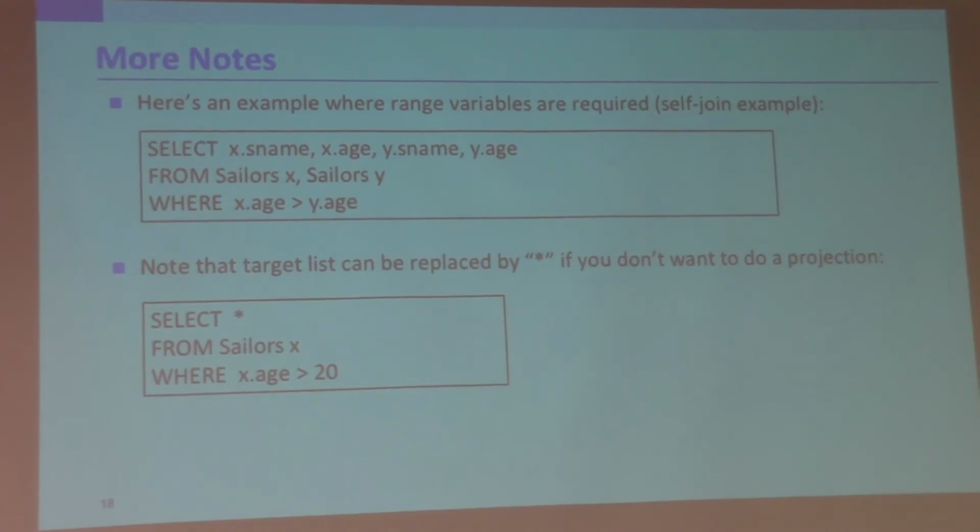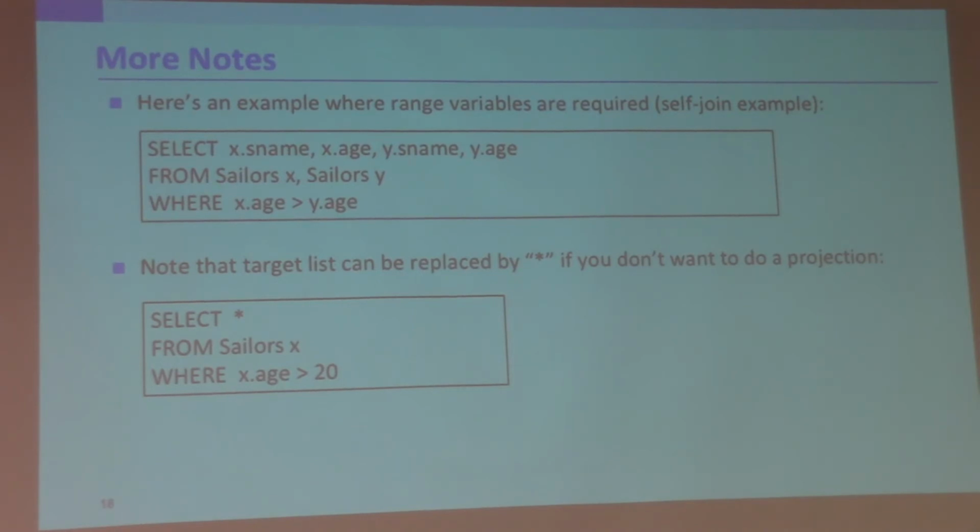So here is an example of the self join. Select x.sname, x.age, y.sname, y.age. Let's see what exactly this does. We want to make a pair of sellers, one seller who is senior and one who is junior. For that we need two instances of the sellers table.